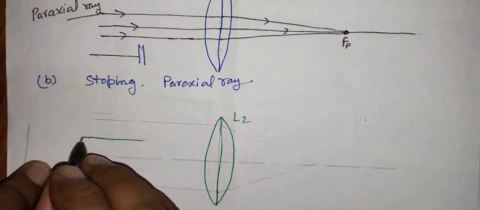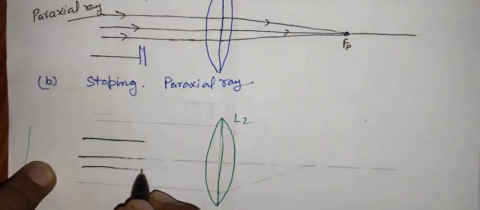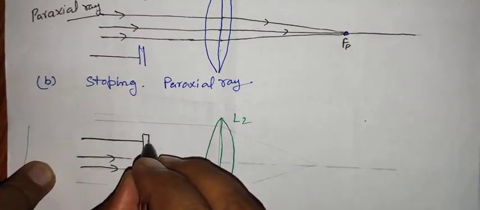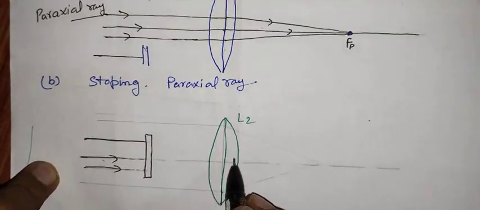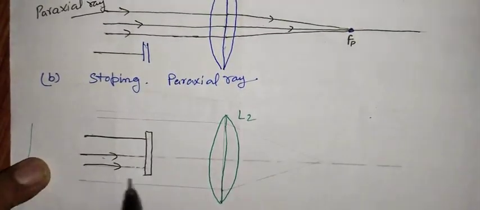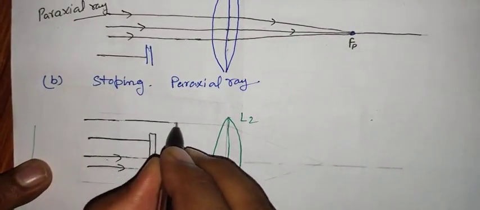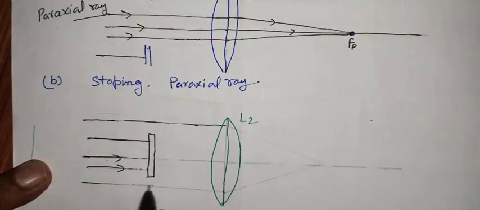The paraxial rays near the principal line are stopped by an obstacle and not allowed to fall on the lens. Only marginal rays are allowed to fall on it.